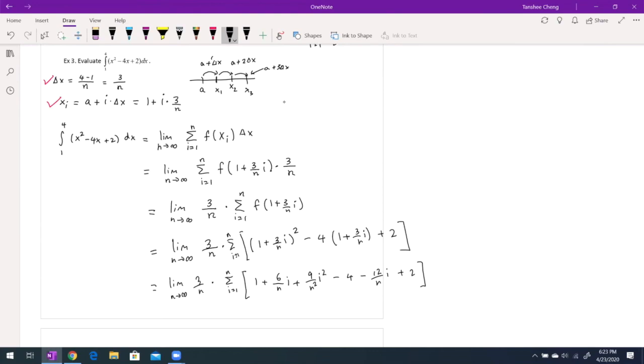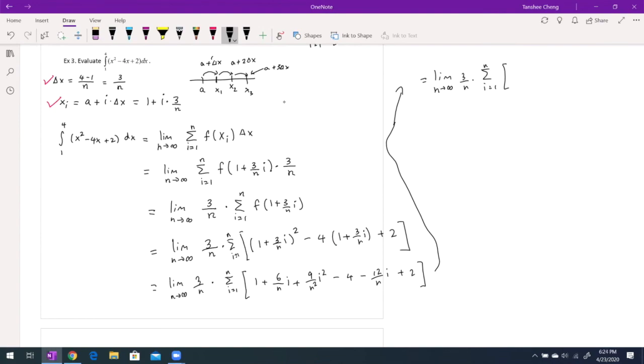Now, simplifying a little bit further on this one. Limit as n approaches infinity of 3 over n times the summation of i equal to 1 to n.